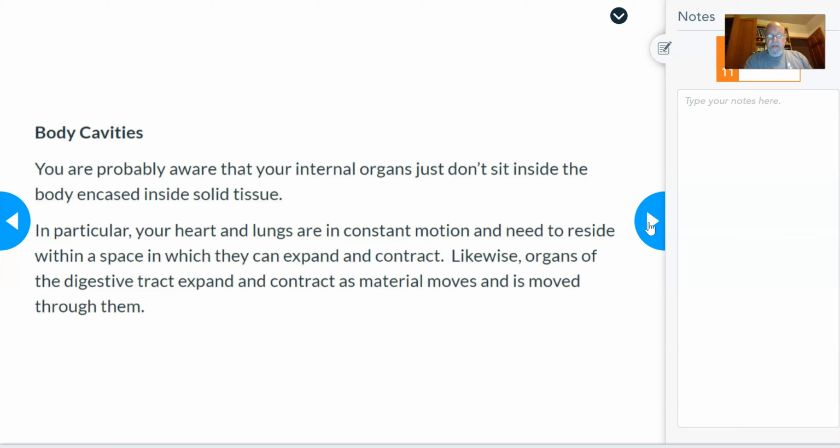It can be up to 5 or 6 times its normal diameter. You'll actually sometimes see this at autopsy related to a variety of things. But in any case, you need to have this space for these organs to be able to move and expand and contract.